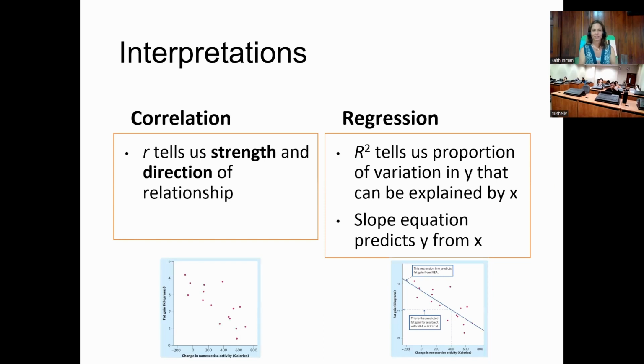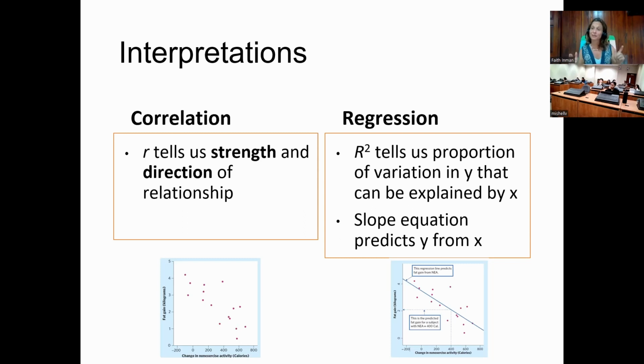Okay, interpretation. The interpretation that we use for these two forms of analyses are also somewhat different. They both tell us different things. They're both great because one tells us one thing and another tells us another thing. Correlation, we get the R, the Pearson's correlation coefficient, and it tells us the strength and direction of the relationship, right? -1 would be a super strong negative correlation, +1, super strong positive correlation.